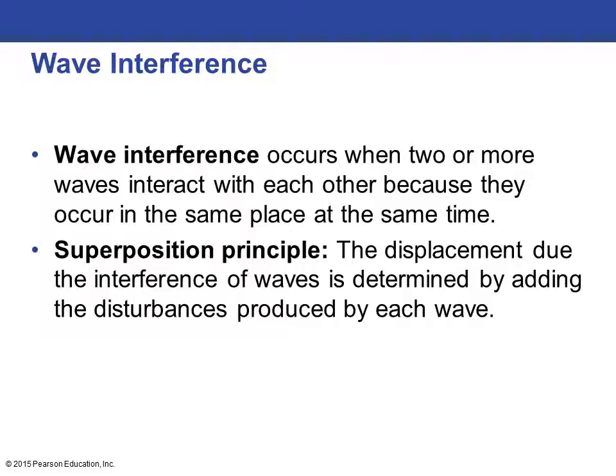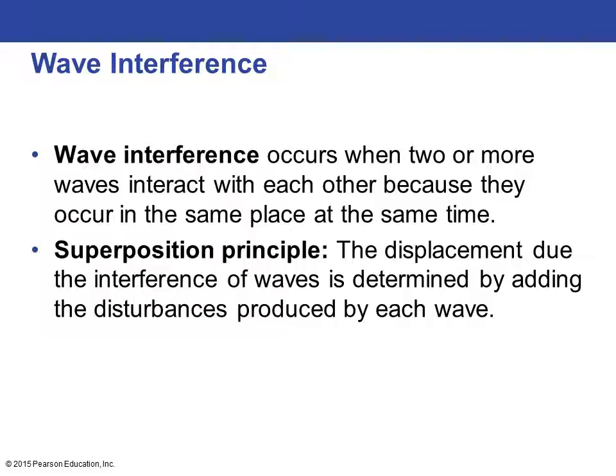Now, wave interference occurs when two or more waves interact with each other because they occur in the same place at the same time. So let's say you were to drop a stone in water and you'd see ripples going through the water, and then you were to drop another stone someplace else and those ripples would meet up at some point. Where those waves meet up we call wave interference.